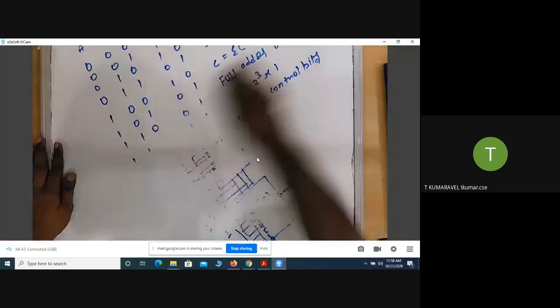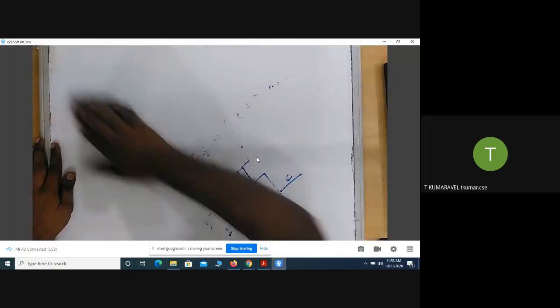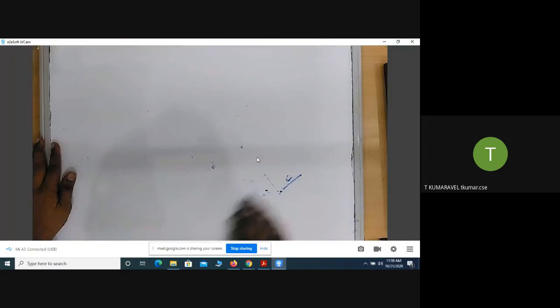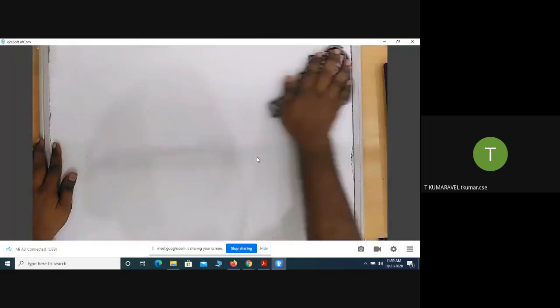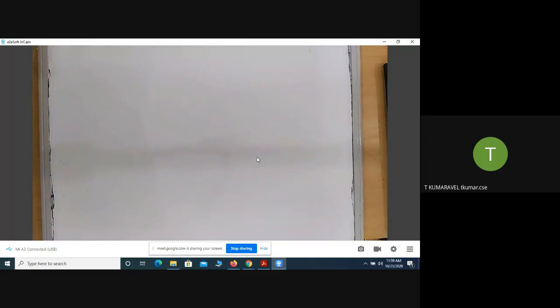In some cases, what they give is that we implement an 8 by 1 functionality using a 4 by 1 multiplexer, or a 4 by 1 functionality using a single 2 by 1 multiplexer. Some cases, what they give is like that.